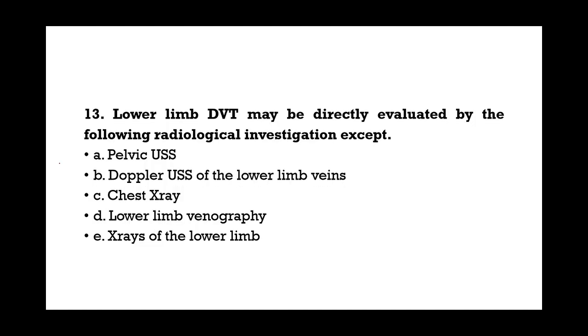Okay, lower limb DVT may be directly evaluated by the following radiological investigations, except: A, pelvic ultrasound; B, Doppler ultrasound of the lower limb veins; C, chest X-ray; D, lower limb venography; E, X-ray of the lower limb.